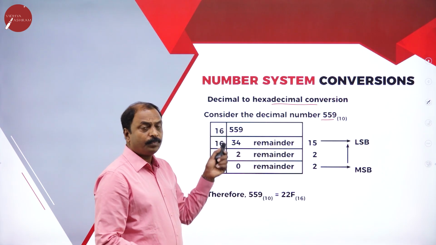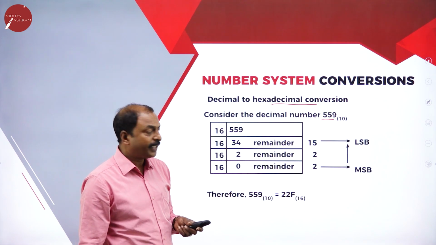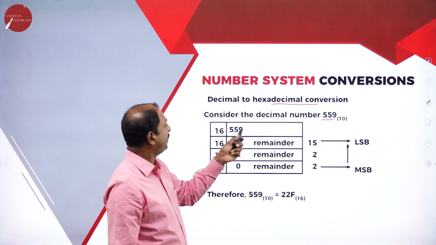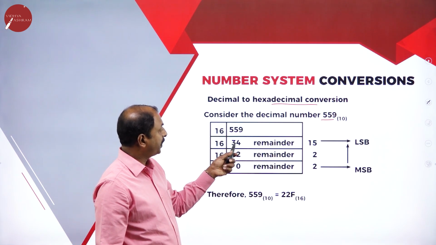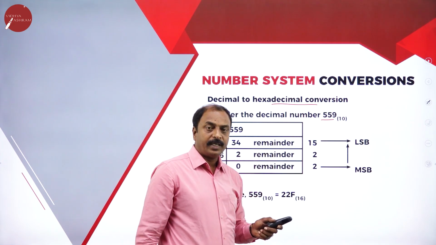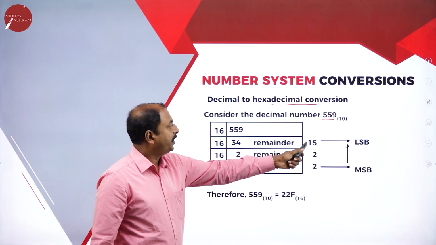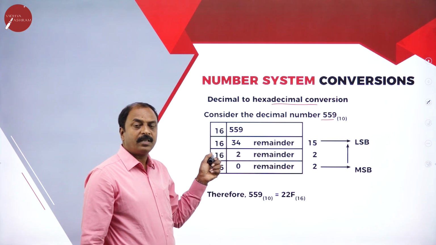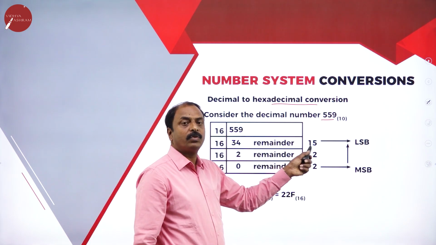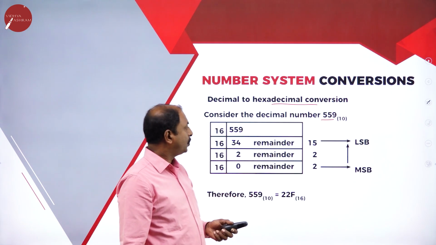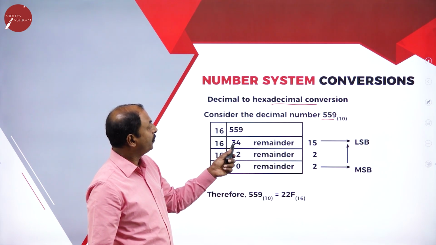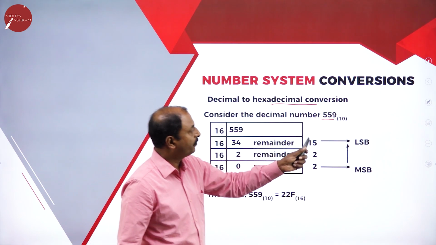Hope all of you know the table of 16, students. So 559 divided by 16, the quotient is 34 and the remainder is 15, because 15 is less than 16 and we cannot divide further.